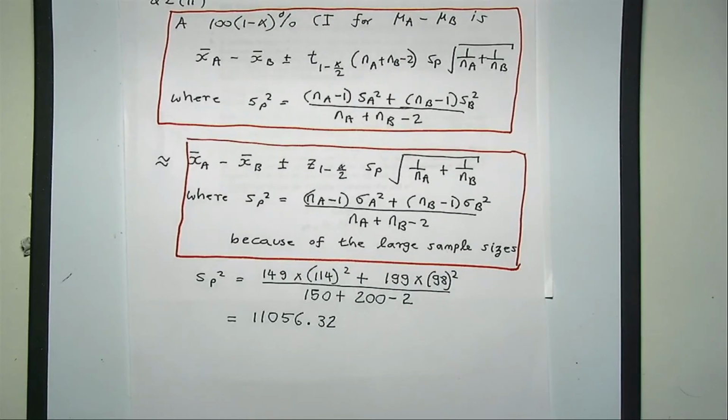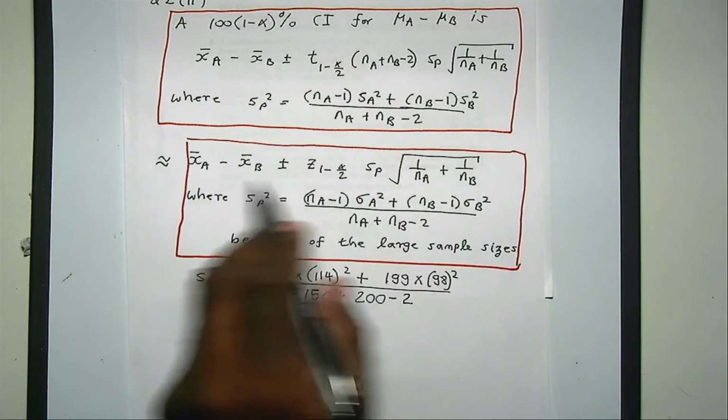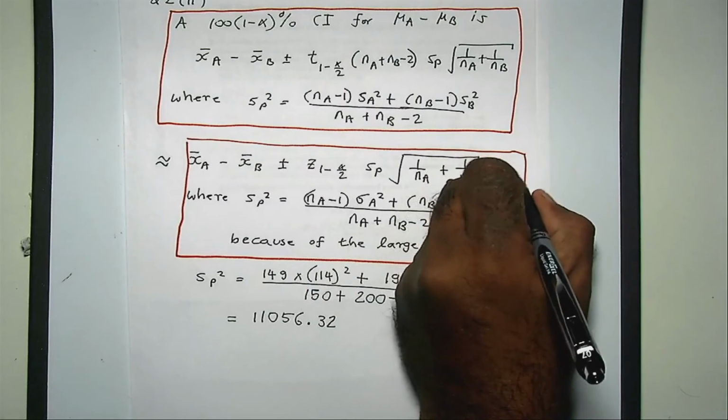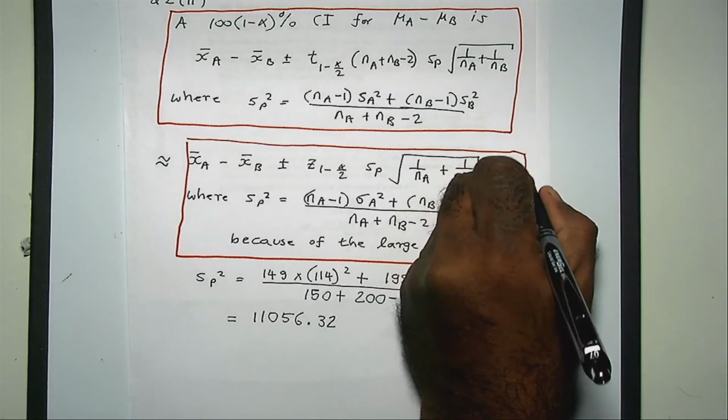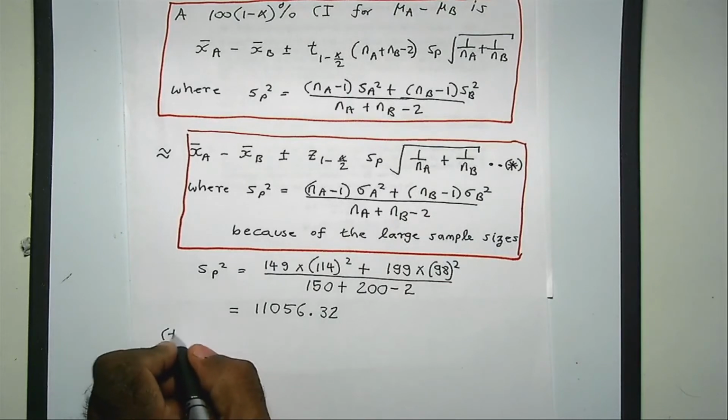Right, now the other things in this formula, we know what they are. Right, so let me call this star. So the star will become the following.